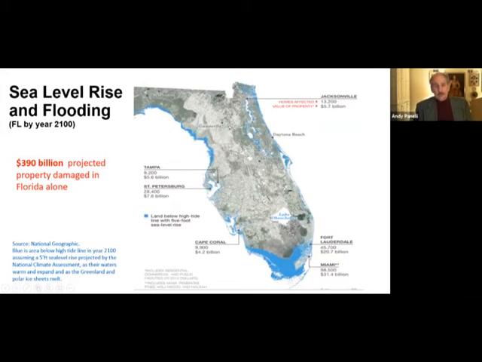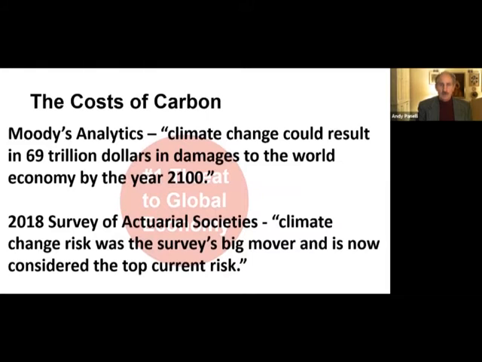That is one state. We have 16 coastal states. So there's a multiplier effect, enormous amounts of potential damage there to be concerned about. As a matter of fact, worldwide, Moody's Analytics put the number at potentially $69 trillion in a business as usual scenario by the year 2100.